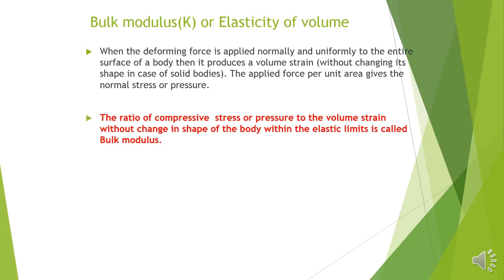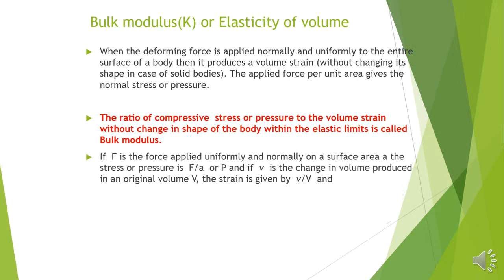The ratio of compressive stress or pressure to the volume strain without change in shape of the body within the elastic limits is called bulk modulus. If F is the force applied uniformly and normally on a surface area A, the stress or pressure is F by A. And if small v is the change in volume produced in an original volume, capital V, then strain is given by small v divided by capital V.